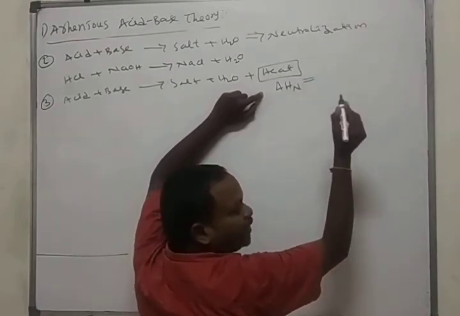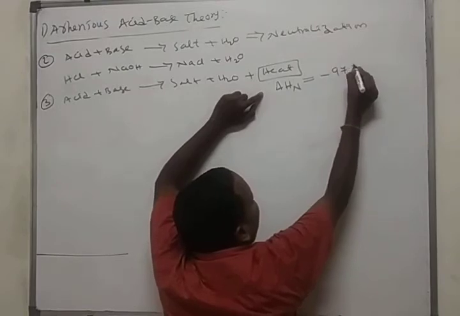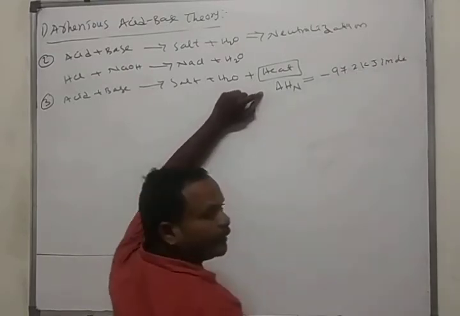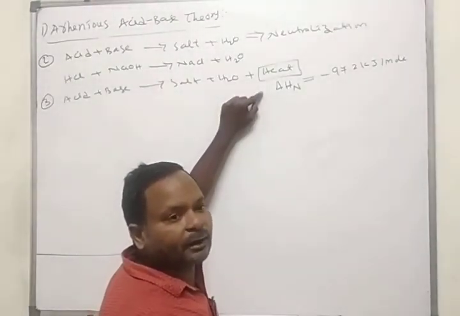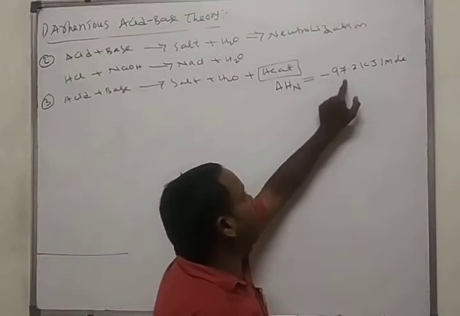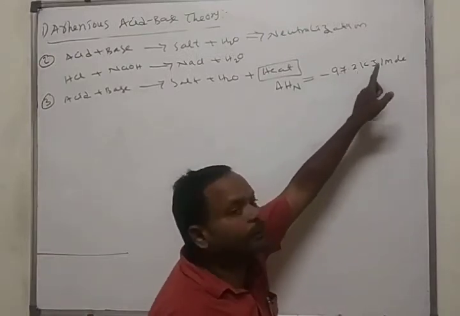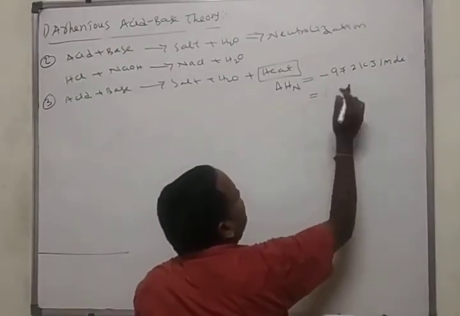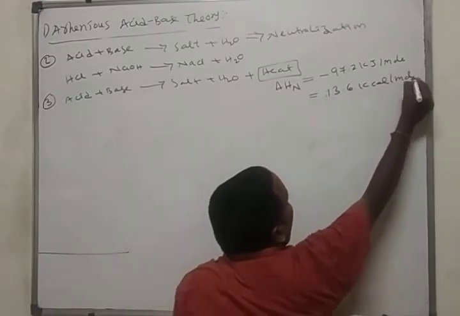For a strong acid and strong base, this is minus 97.2 kilojoules per mole, or minus 13.6 kilocalories per mole.